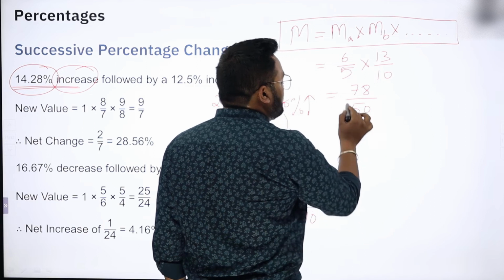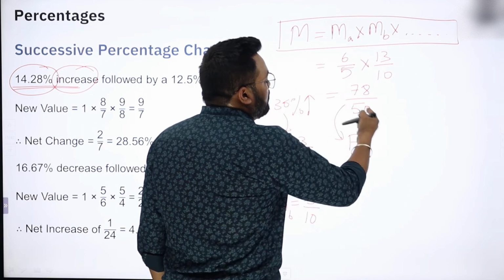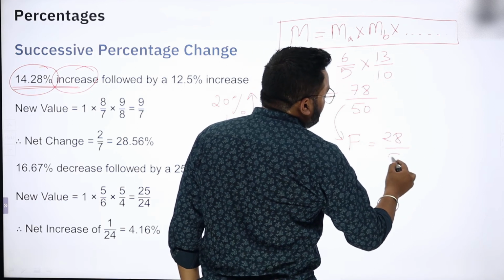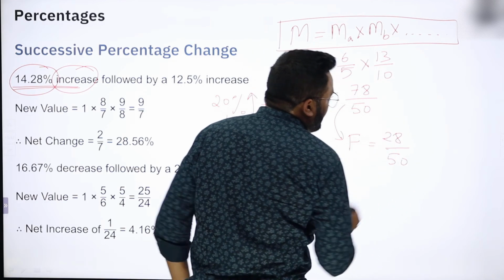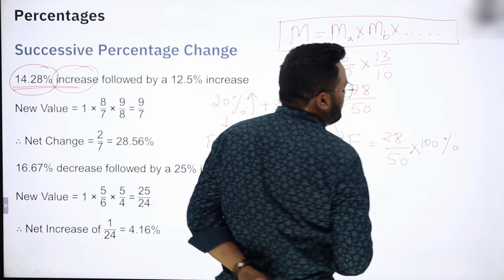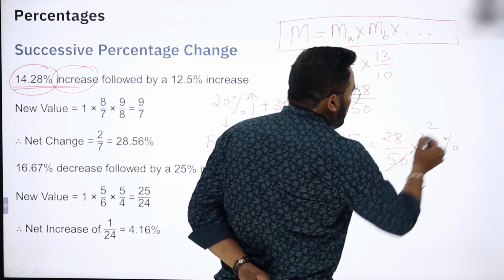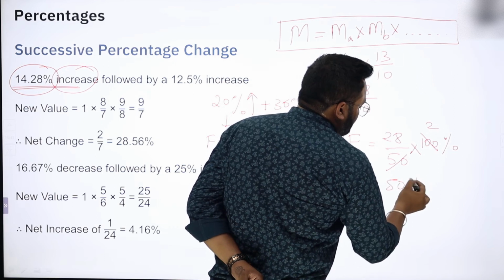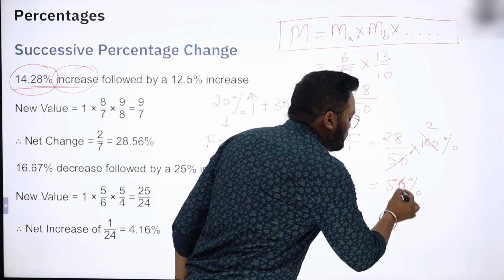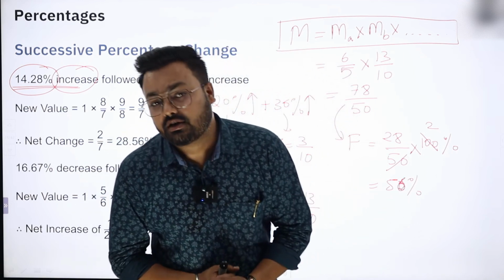I have to convert this to fraction. What is the difference here? The difference is 28, and the denominator value remains same, and we will find the percentage by multiplying it by 100%. So this is into 2, and you can see that my answer is what? My answer is 28 into 2, that is 56%.